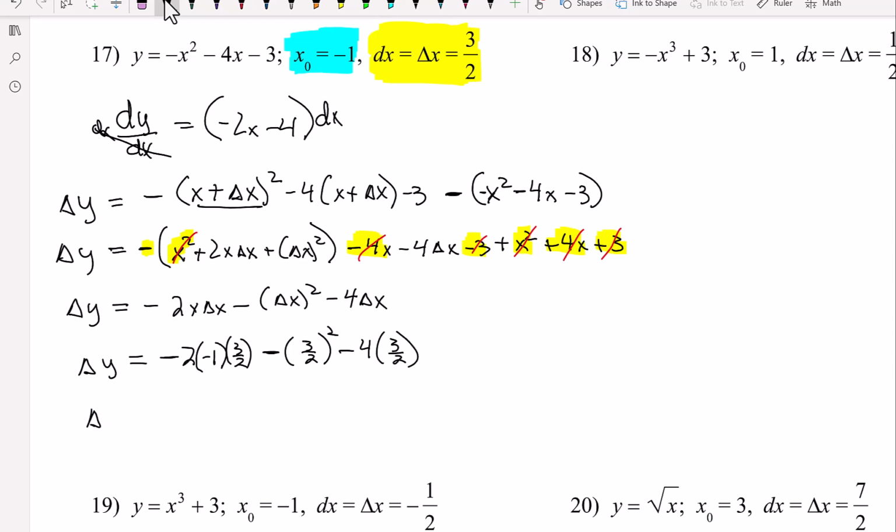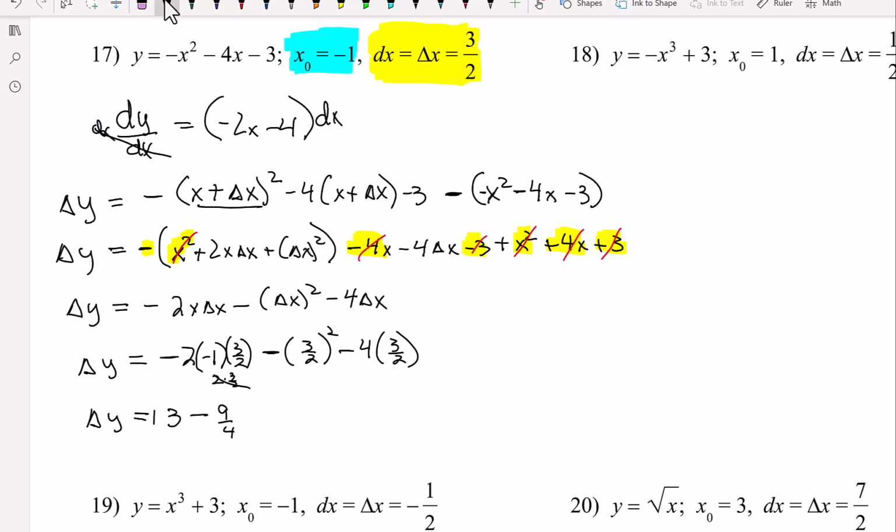And then you could just type all that in the calculator. Negative times negative is positive, and so that's going to be 2 times 3/2. The 2's are going to cancel, so we're going to have a 3. Subtract 3/2 squared is 9/4.